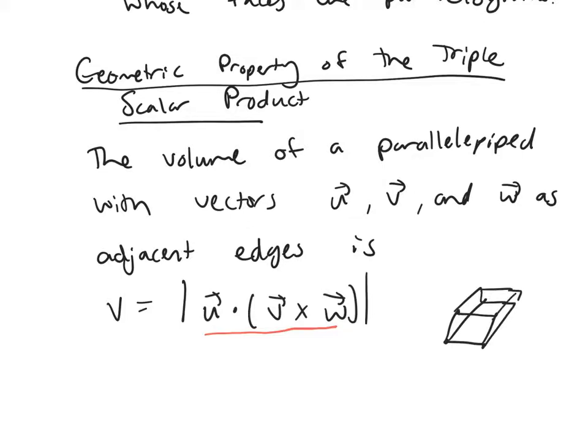So again, that's a really rough picture, but you have u as being one of these here, v as being this other side length here, and then w would go up, like this one here. They need to be the adjacent edges.